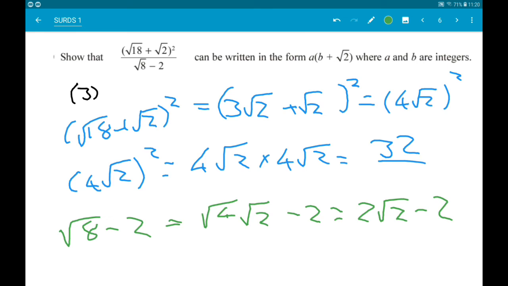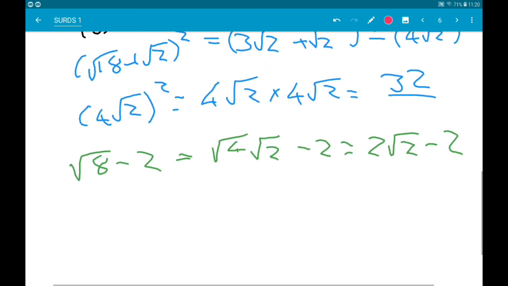So now our question becomes 32 over 2 root 2 minus 2.